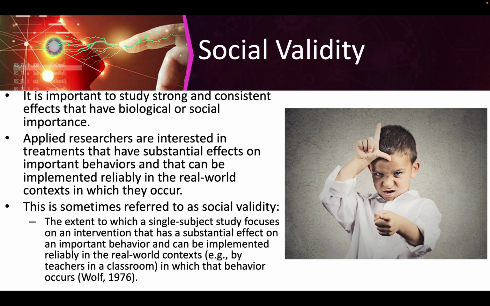It is the extent to which a single subject study focuses on an intervention that has substantial effect on an important behavior and can be implemented reliably in the real world context in which the behavior occurs, by teachers in a classroom, for example. And of course, this is a child behaving badly.